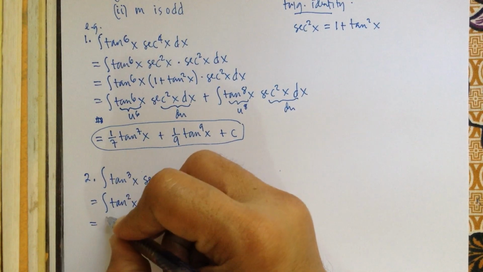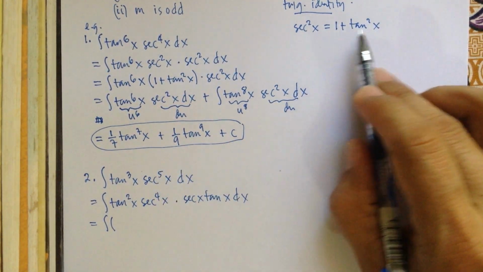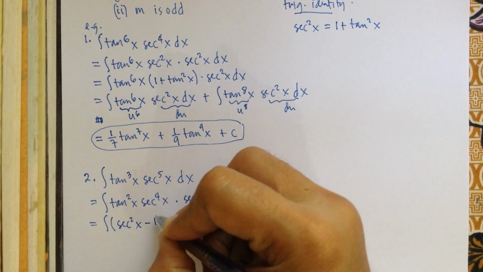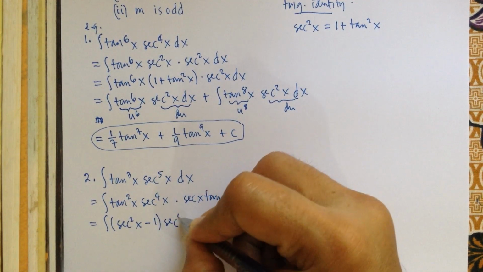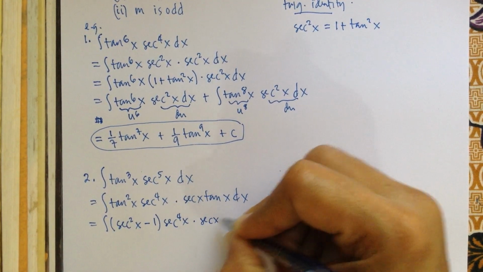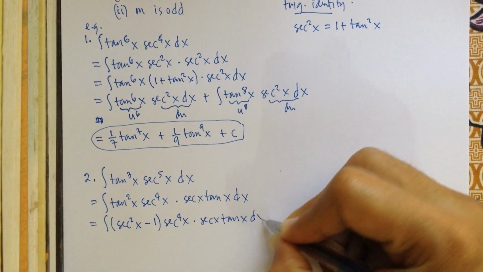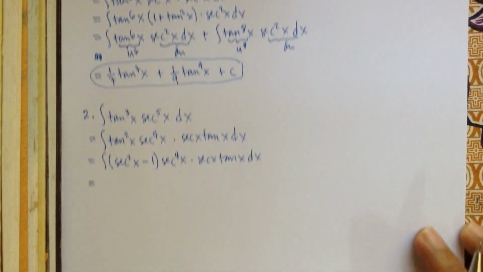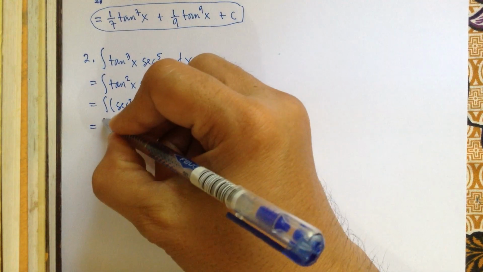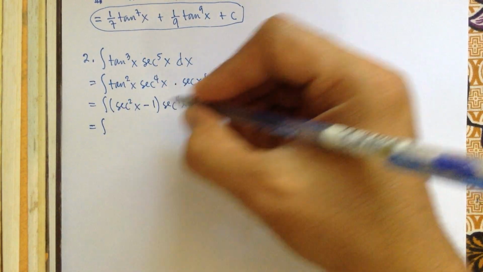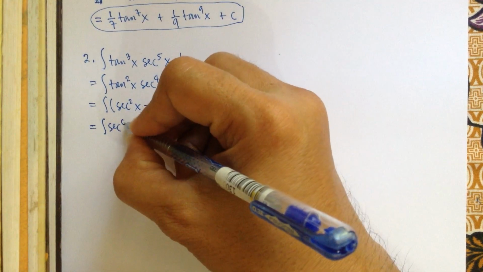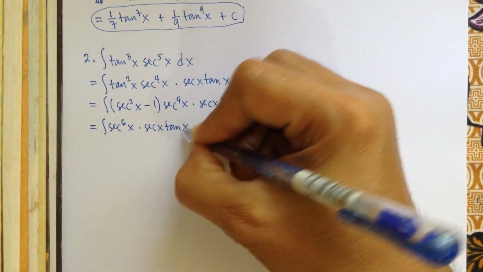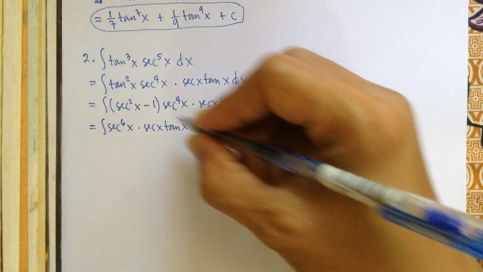So we express tangent squared as, okay, manipulating this, secant squared x minus 1, times secant to the 4th x times our du, which is secant x tangent x dx, and multiplying this, we obtain integral of secant squared and secant to the 4th is secant to the 6x times secant x tangent x dx minus 1 times this.